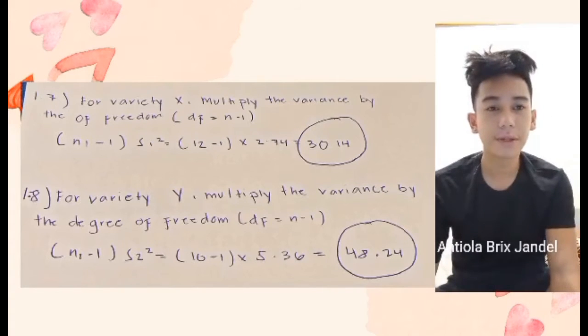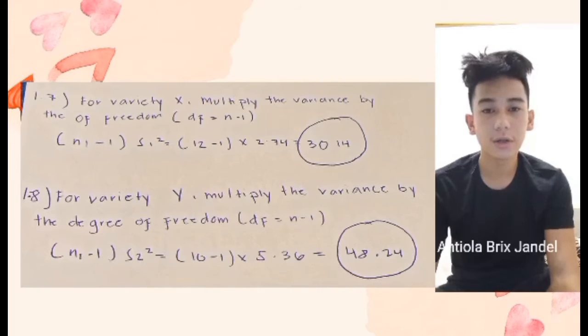In this 1.7, we follow the formula n minus 1, where n is 12, so 12 minus 1 equals 11. Then we multiply by the variance 2.74, and the answer is 30.14.